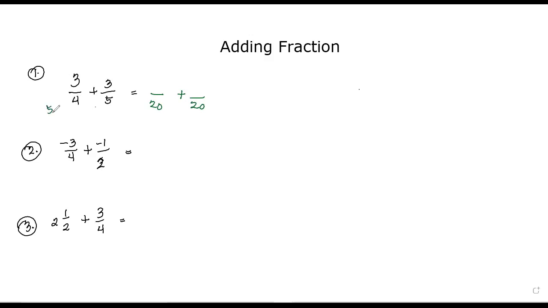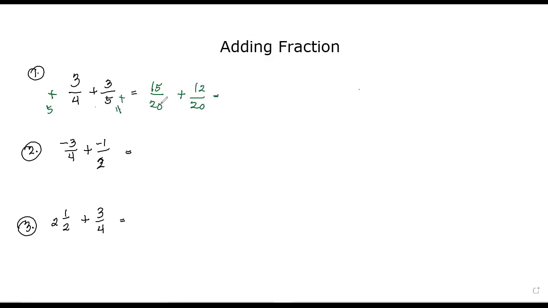Then the quotient that you get in dividing the LCD by the denominator, you're going to multiply it to the numerator. 5 times 3 is equal to 15, so you will write 15 here. Then the same process, 20 divided by 5, the answer is 4. 4 times 3, the answer is 12.